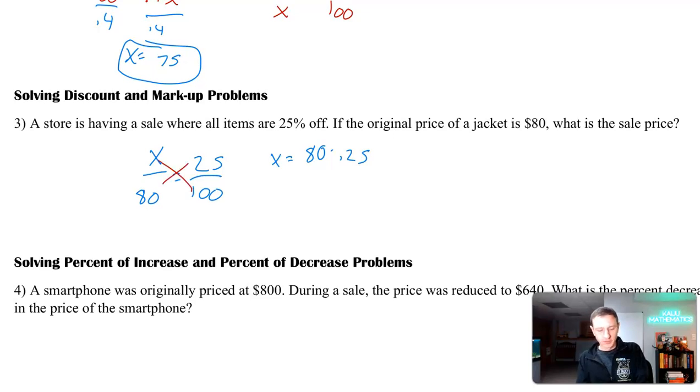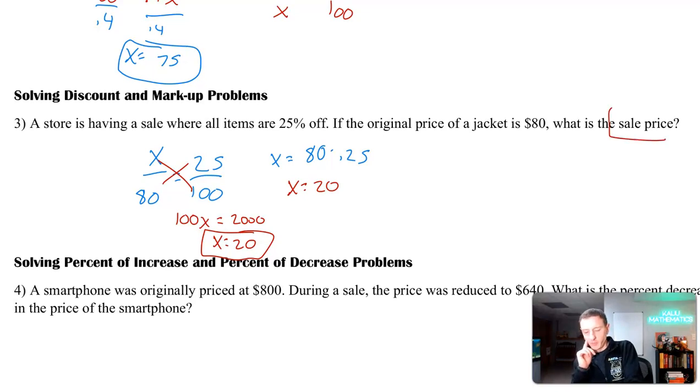Either way, we're just going to get 100x here. 80 times 25 is 2,000, divided by 100. X equals 20. Let's finish this up because I wanted to show you both approaches. You get 20 for both of them.